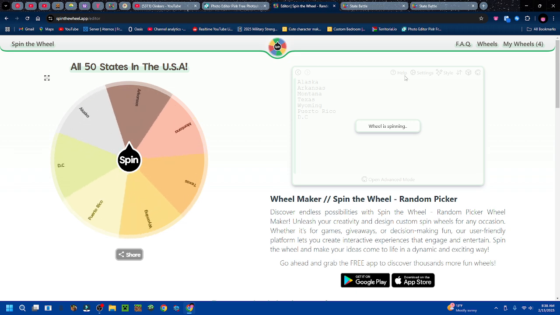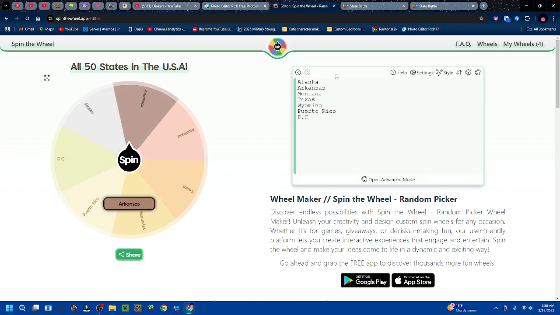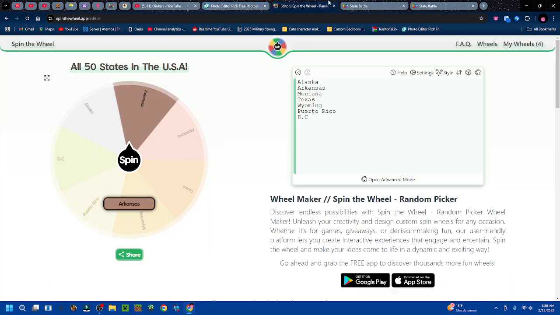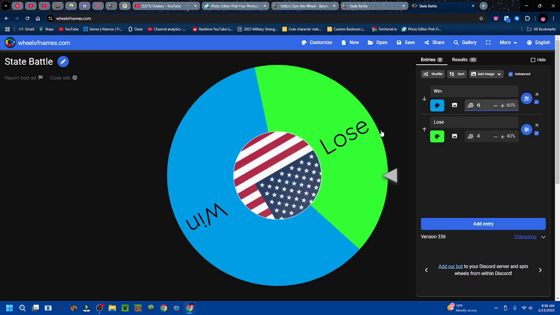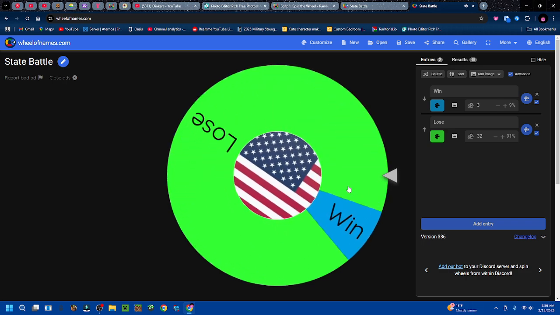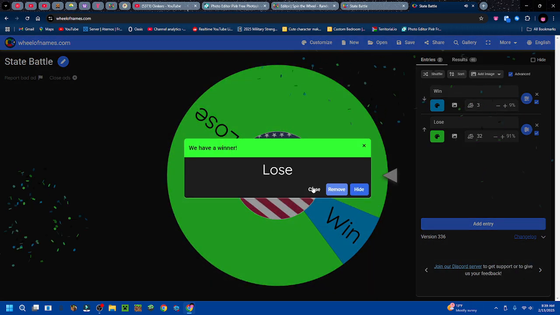And it looks like Arkansas is gonna be doing something right now. What is Arkansas gonna be doing? Oh, I wonder who they're gonna battle. I'm not gonna waste my time again. So it's basically a 3 versus 32. Arkansas almost pulled it off, but they didn't.